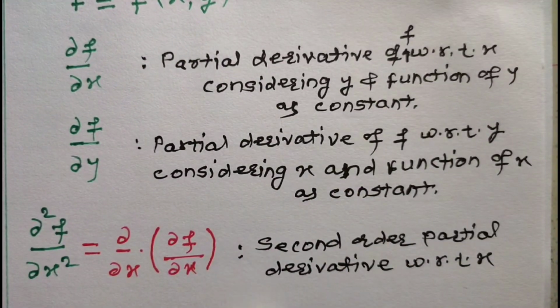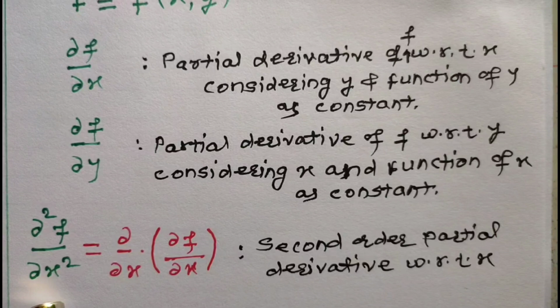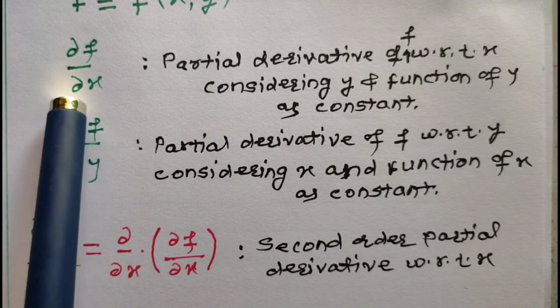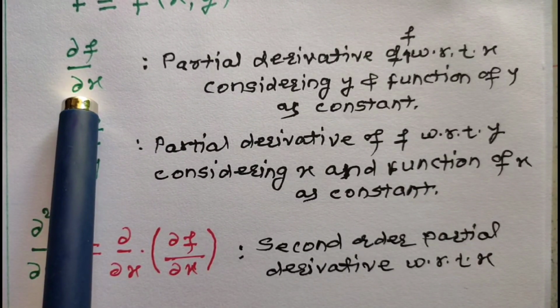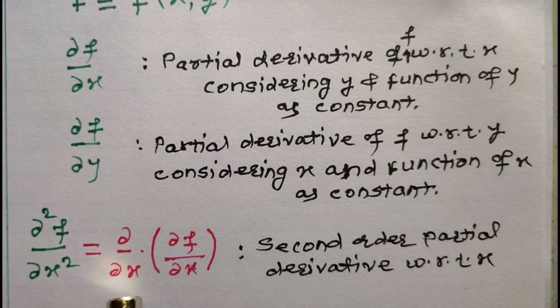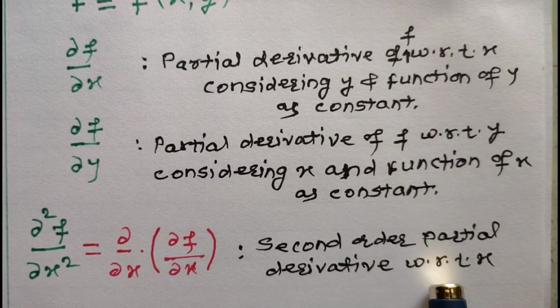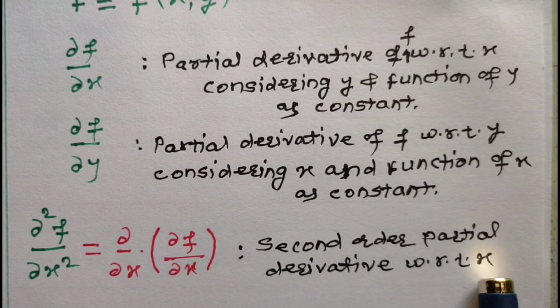Now, second order partial derivatives. Dou 2f by dou x square is given by the partial derivative with respect to x of dou f by dou x. It means first we find the partial derivative of f with respect to x and then differentiate this partially with respect to x. That gives dou 2f by dou x square, which is known as the second order partial derivative of f with respect to x.